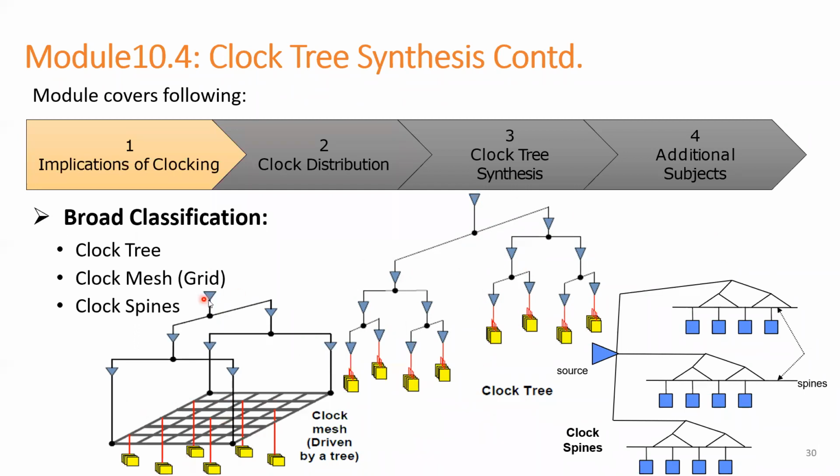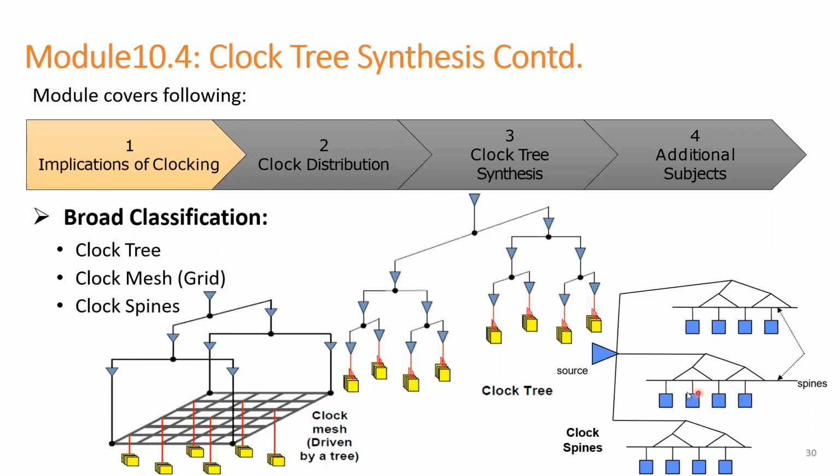From the clock source, the clock repeaters will come, and then it will go to the clock mesh. From the clock mesh, all the sequential cell clock pins will be tapped. For designs with more than 1.5 gigahertz or 2 gigahertz, we will use clock mesh, or we can use clock spines also.